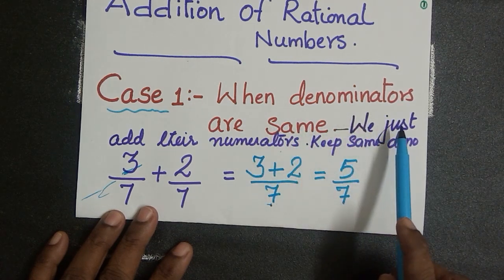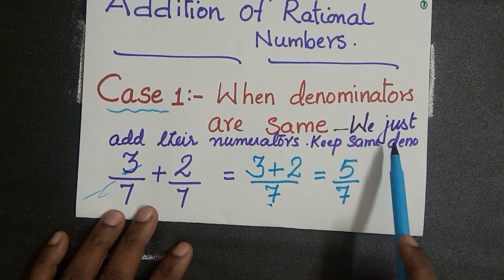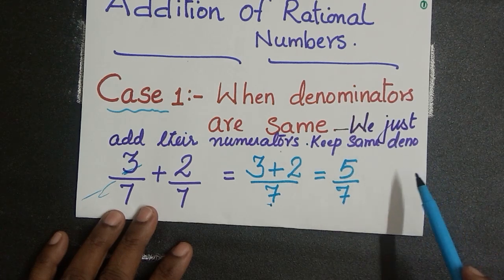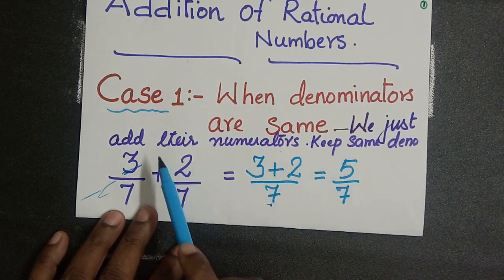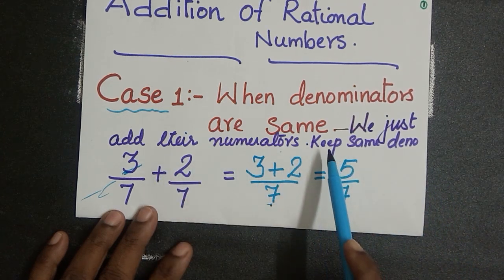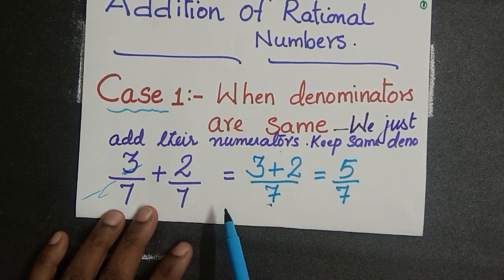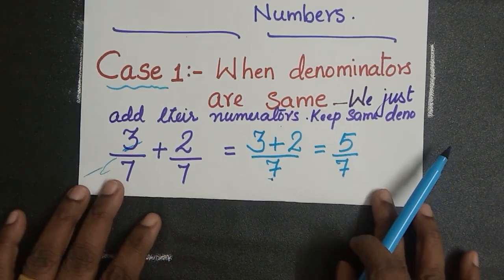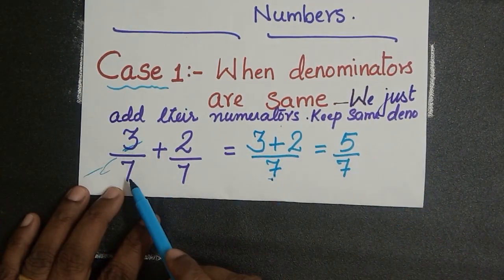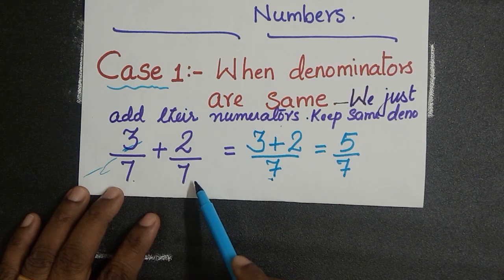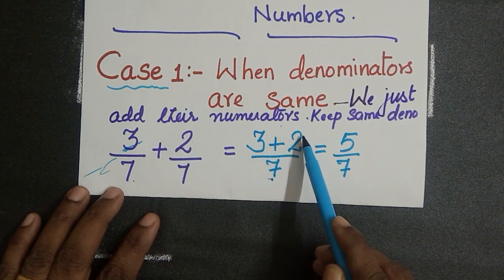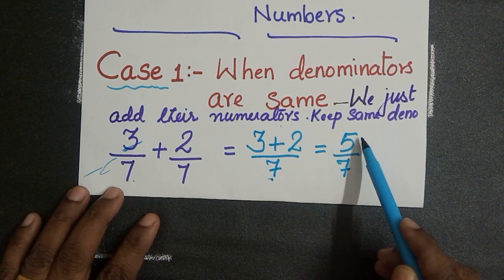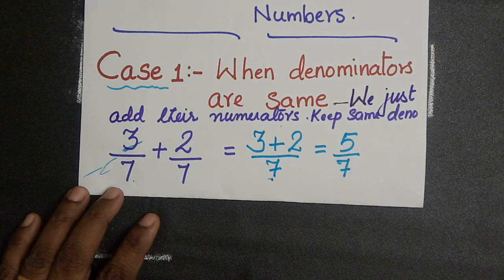When we have two or more rational numbers with the same denominator, what we need to do is just add their numerators and keep the same denominator. For example, 3 upon 7 plus 2 upon 7 is equal to 3 plus 2 upon 7, which is equal to 5 upon 7.